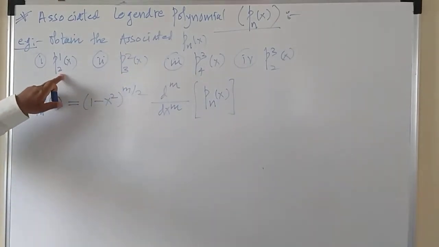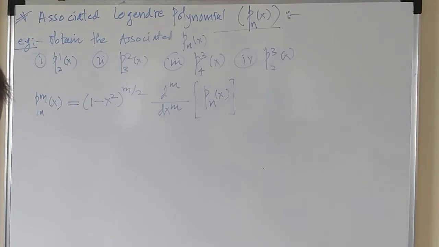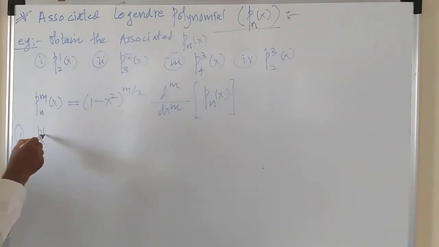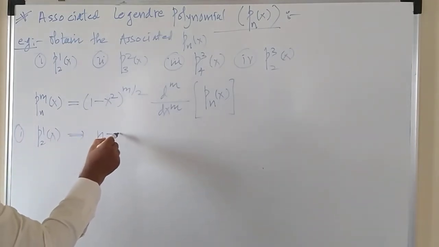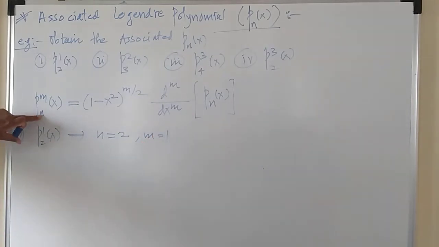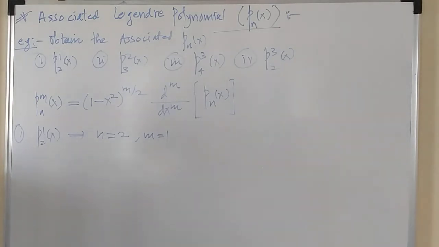Now what is here? We have to obtain the P21 of x. This implies that the value of n is equal to 2 and m is equal to 1. This is n and this is m. So to obtain this, you must know the second Legendre polynomial P2 of x.